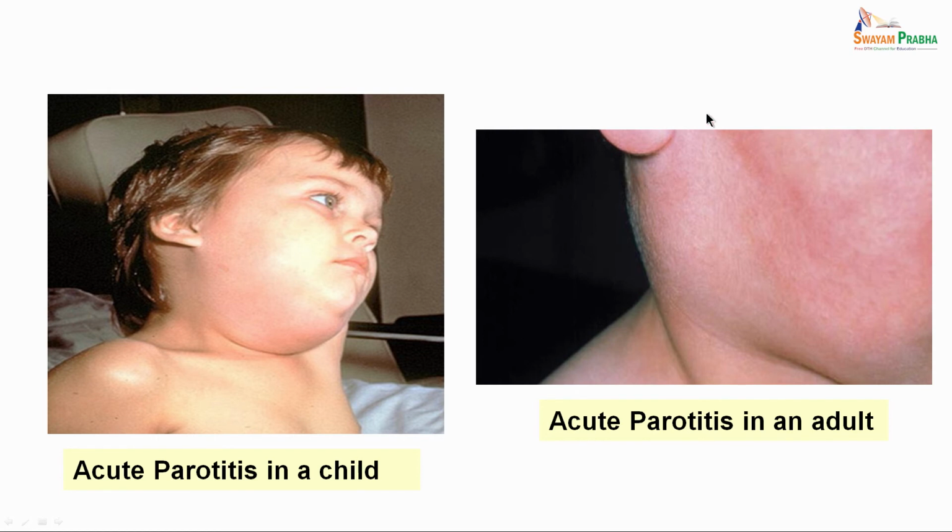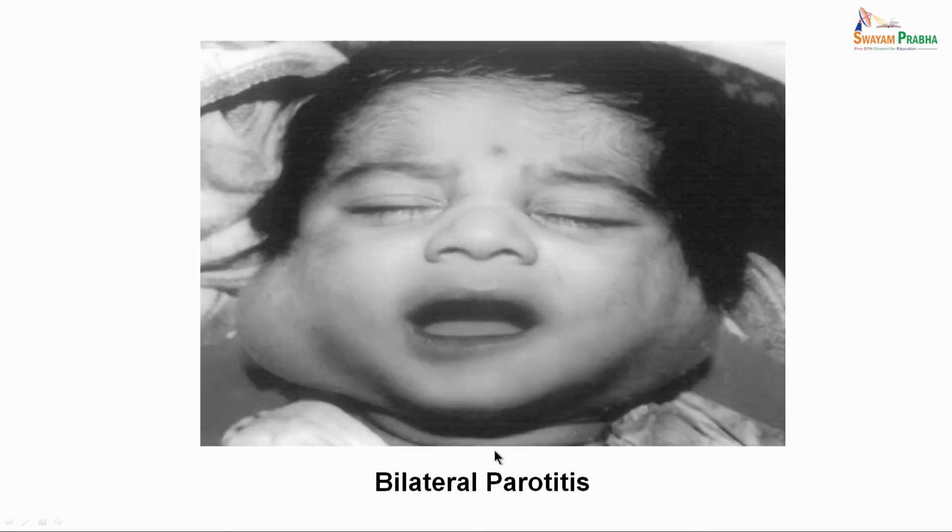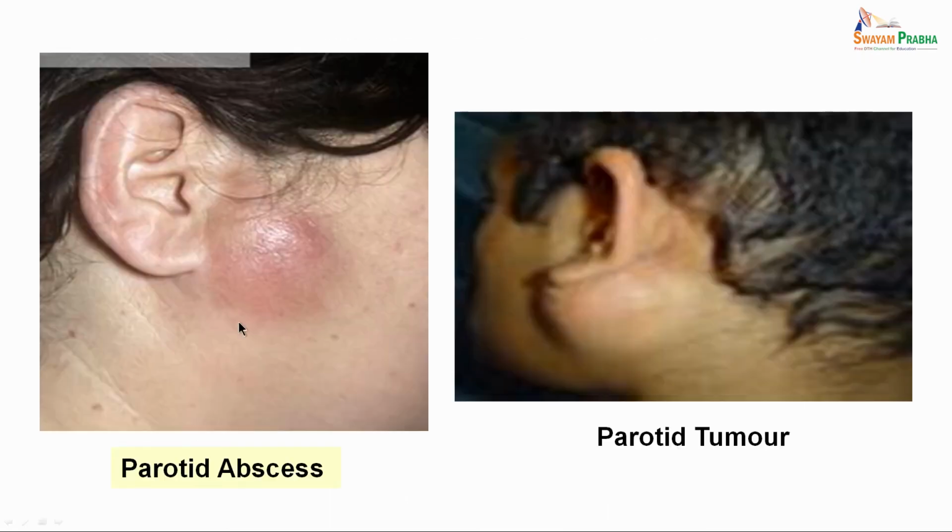Similarly, we could have acute parotitis in an adult with swelling and inflammation of the parotid gland. The next picture here shows us bilateral swelling of the parotid gland in a child, that is bilateral parotitis. Another swelling here seen as a parotid abscess.